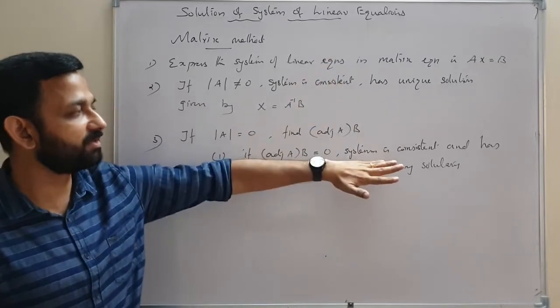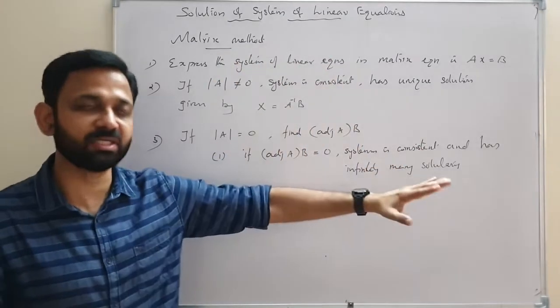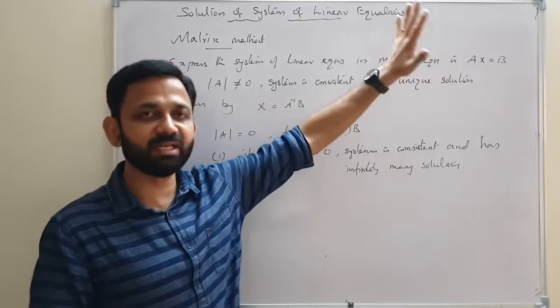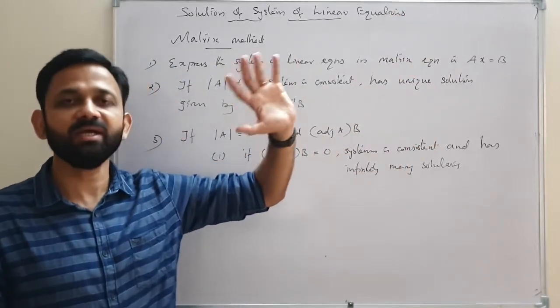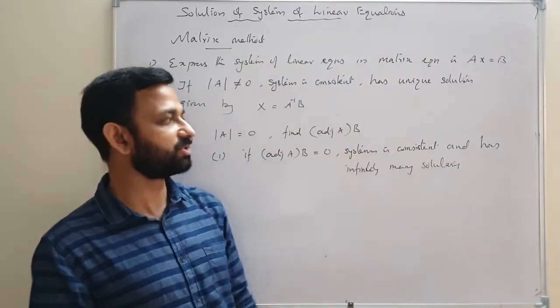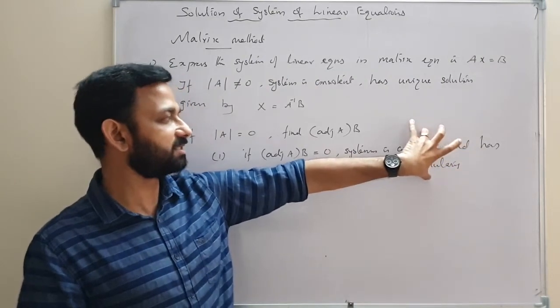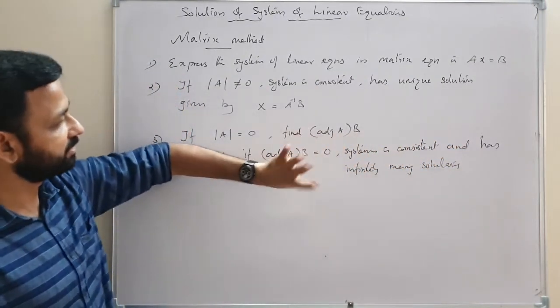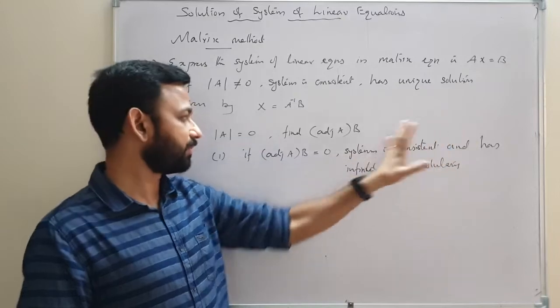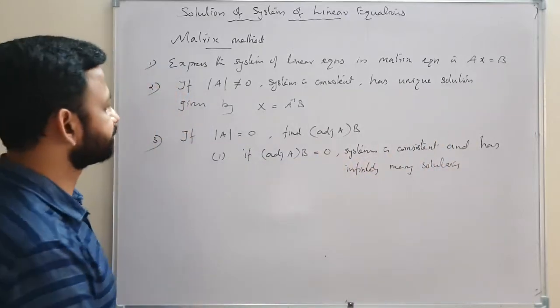We will take one of the variables as an arbitrary constant, then we can find infinitely many solutions. One arbitrary constant will be there in those solutions. But that method is beyond the scope of our syllabus, so no need to continue further.